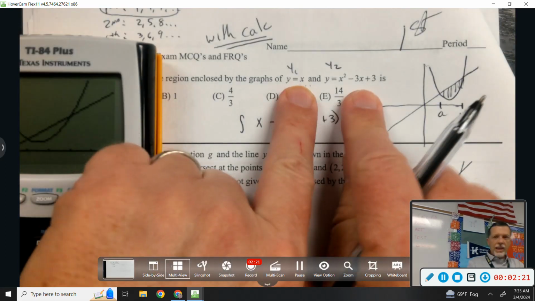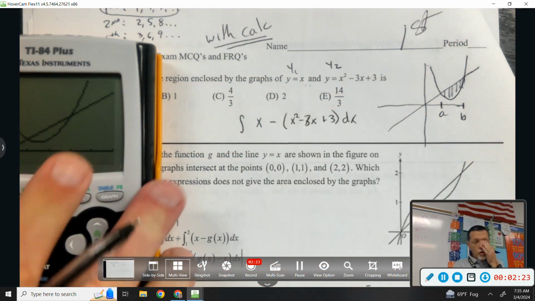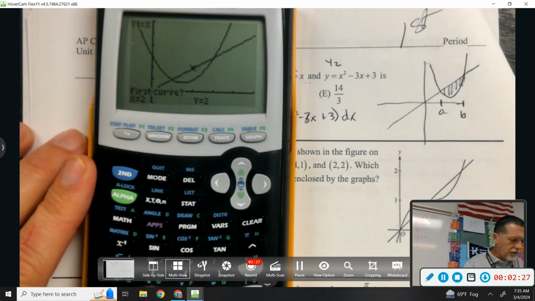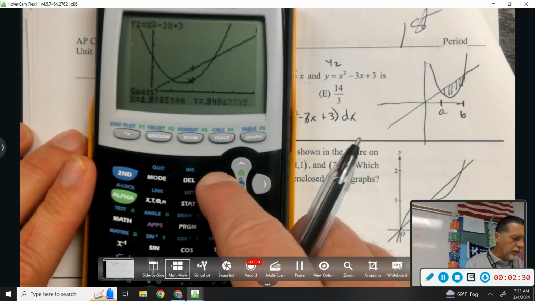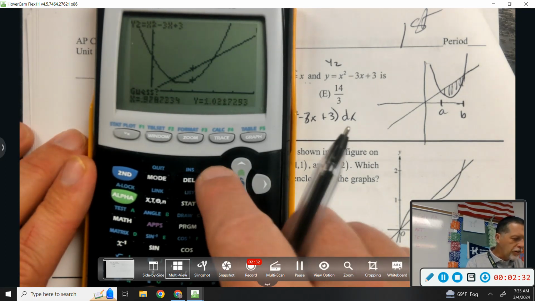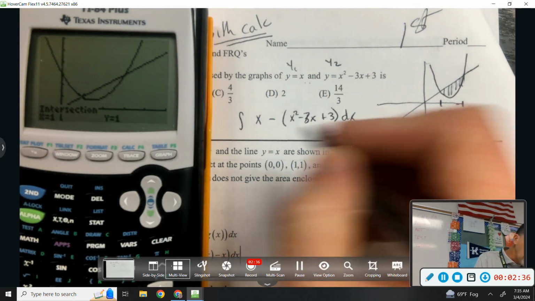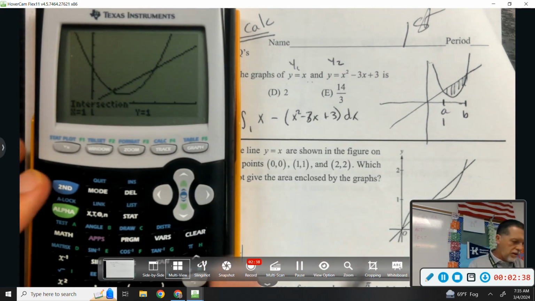And, without a calculator, I'd set them equal to each other and hope it factors, and meh. But with a calculator, let's just let the calculator do the work. Hopefully they're integers. Yep, x equals 1 is the first, or the bottom limit.